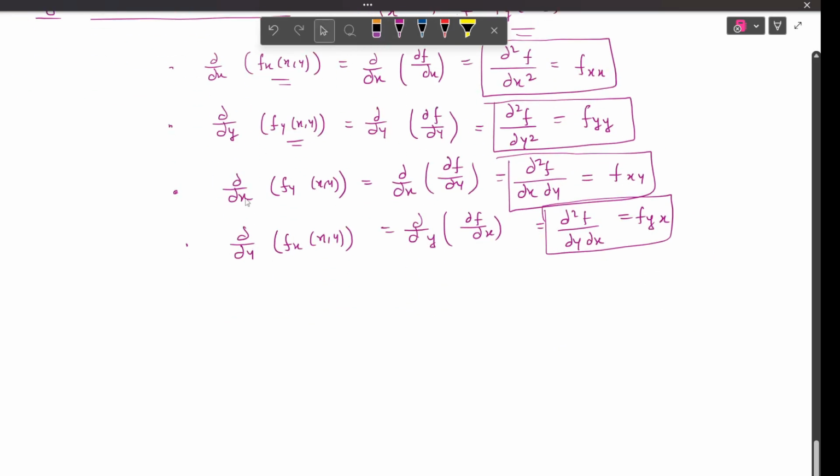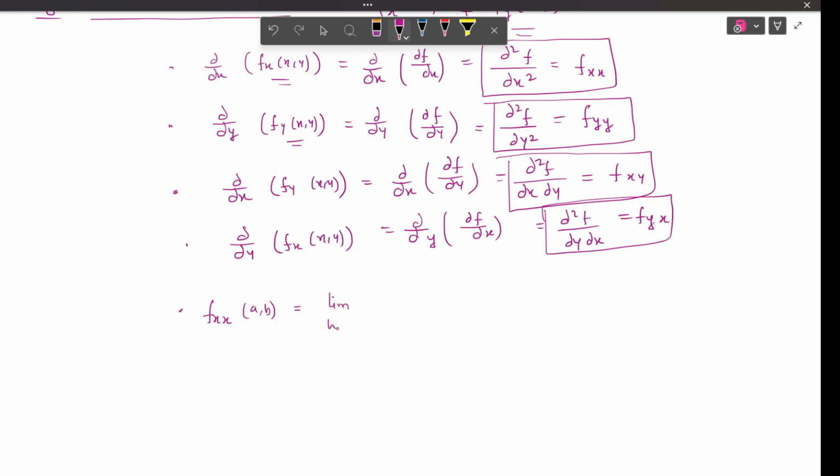And if we talk about the definition of second order partial derivatives, we can say that f of x x at (a, b) is the limit as h tends to 0 of f_x(a plus h, b), because we are differentiating with respect to x, so we have to add h to a, minus f_x(a, b), upon h.